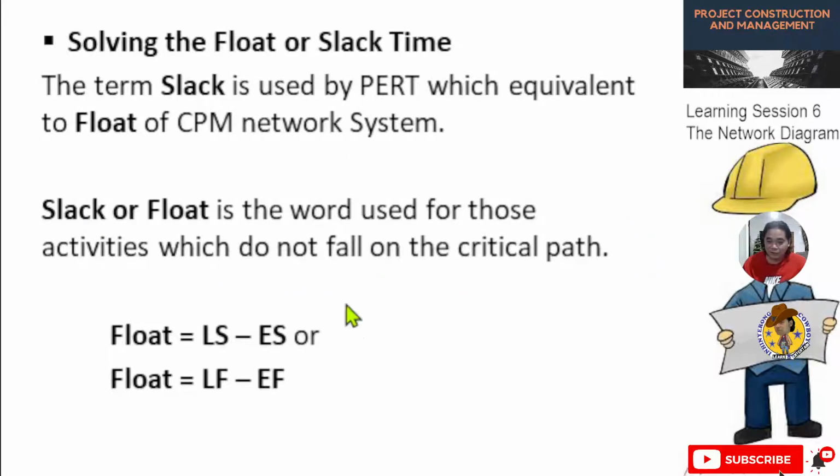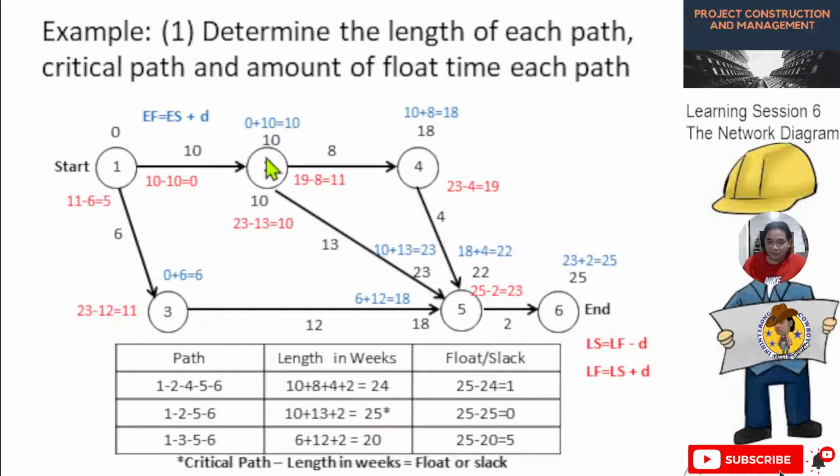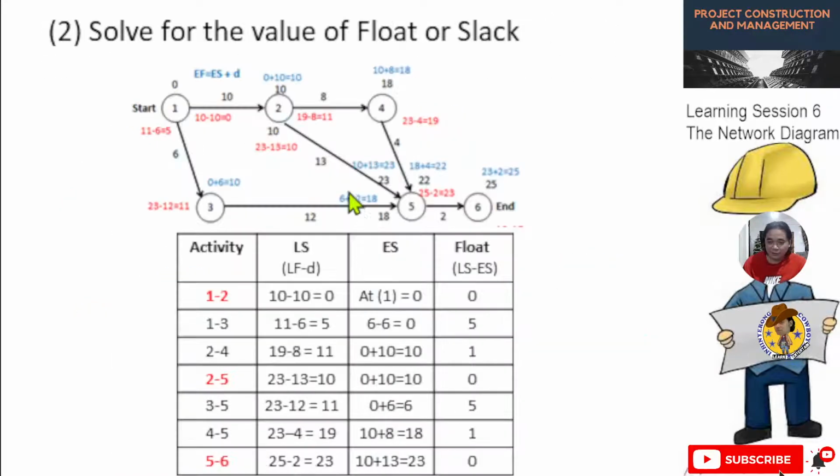We will check if this is true by using this formula. This is the figure I copied from our previous slide so that we can visually see the figure and the table, and it will be easy to understand.